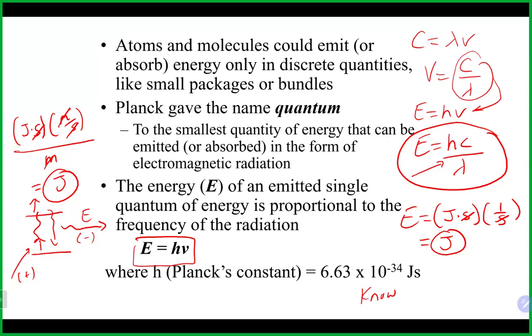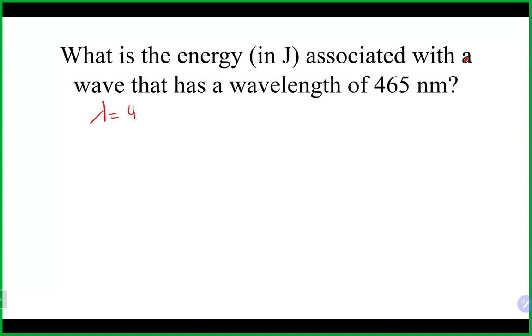And we typically look at a wavelength of 465 nanometers. We are looking for the energy, so that's going to be E is equal to h times the frequency. In this case, though, we don't have the frequency. You could, if you wanted to, get the frequency from the first equation, but you might as well just combine the equations together.